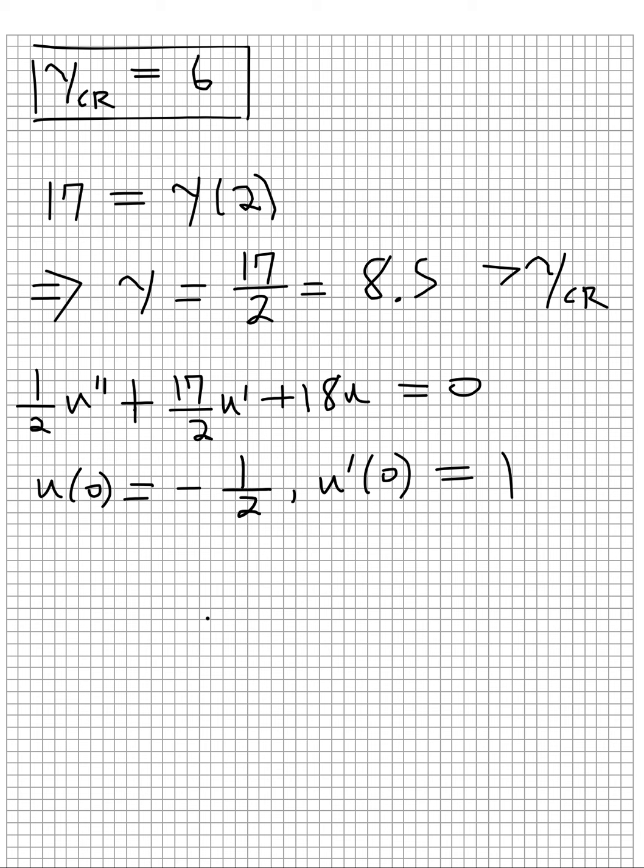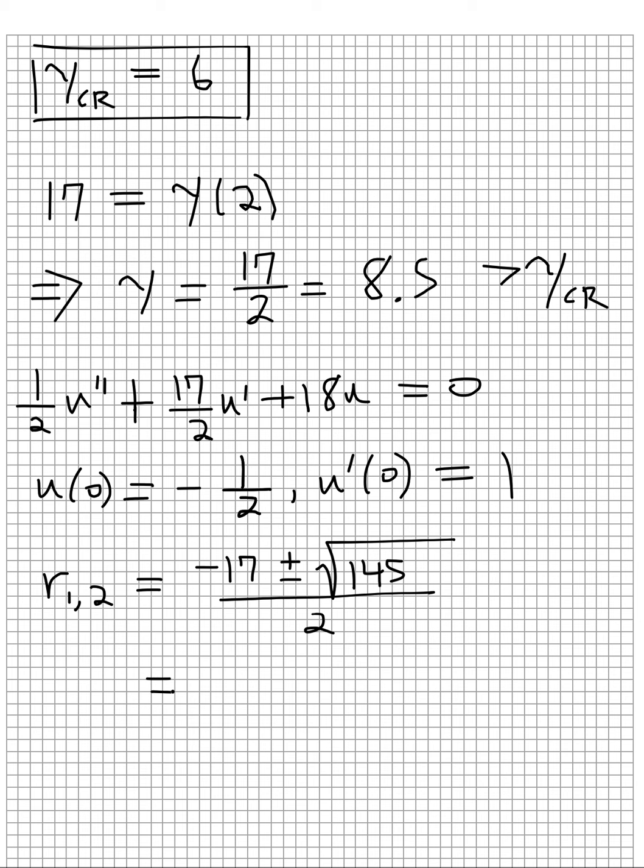The roots of the characteristic equation are given by the following. It's going to be r1,2, which is going to equal negative 17 plus or minus the square root of 145, all divided by 2.